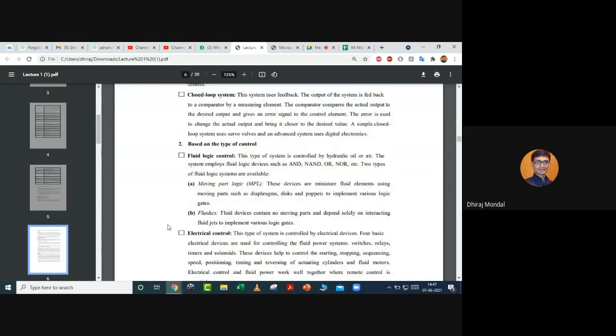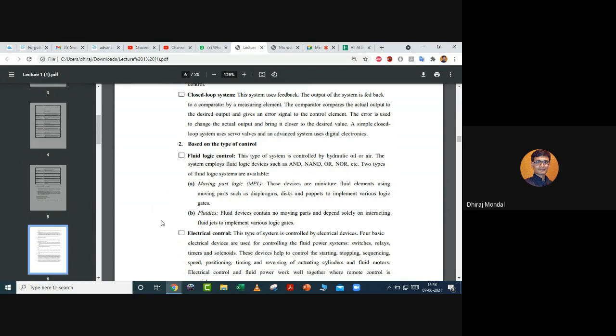Closed loop system, what is a closed loop system? This system uses feedback, and the output of the system is fed back to the comparator by a measuring element. The comparator compares the actual output to the desired output and gives an error signal to the control element.